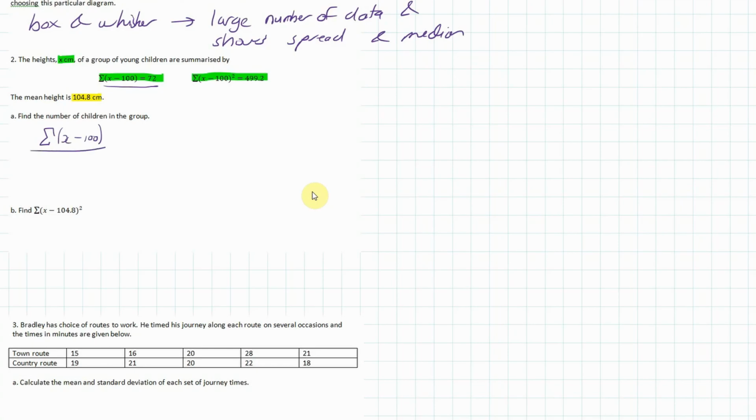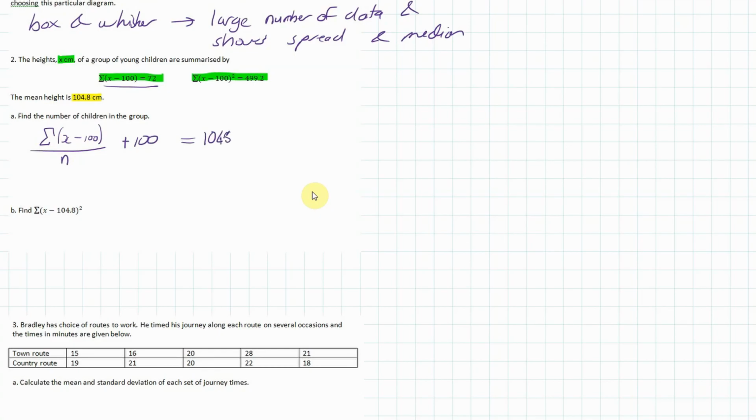If we divide that by n, the number of children, that will give us the mean of the children once you've taken 100 off each of them. All we need to do then is add 100 to that value to give us the actual mean of the children, 104.8.